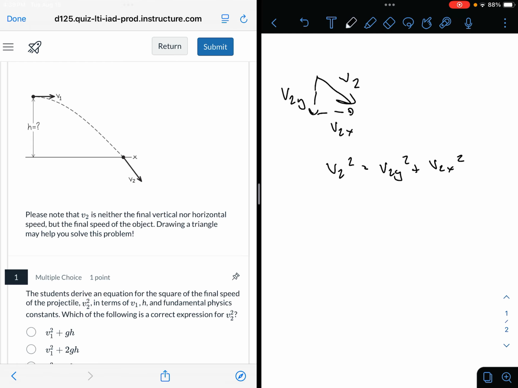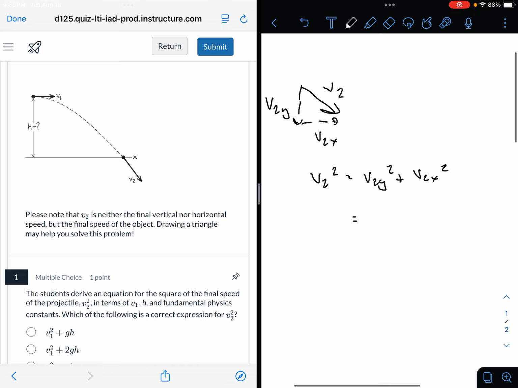So v2y squared. We want to use kinematics for this. We know that the initial y velocity is 0. We know that the change in y is just negative h. And then we know the acceleration is negative g.